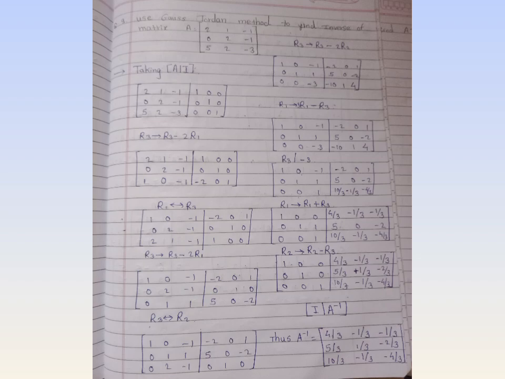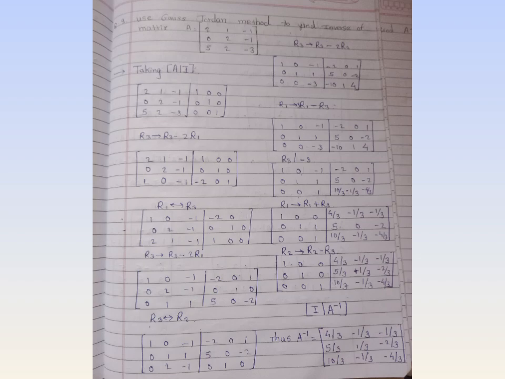After that we have to make third column element 0 without A33. For making third column element 0, operation is R1 such that R1 plus R3 and R2 such that R2 minus R3. Then given matrix is converted into identity matrix and same operation is applied on identity matrix. After that, identity matrix is converted into inverse of given matrix.